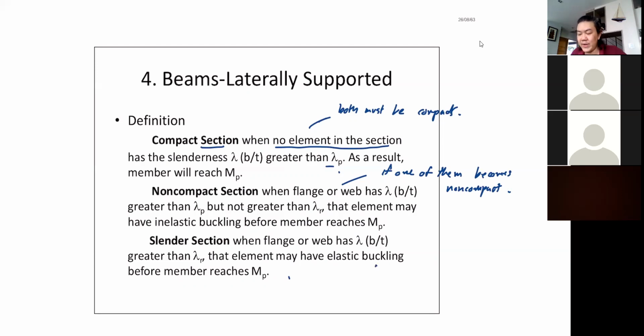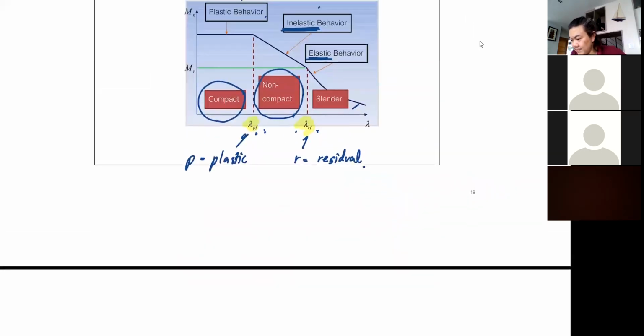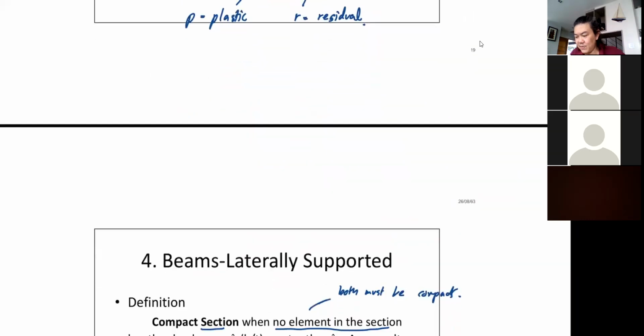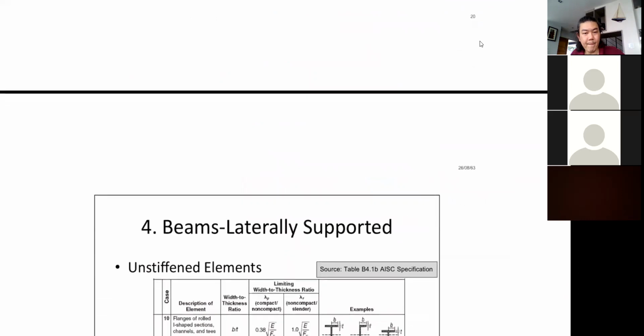Actually, it will not reach Mp, but I should say Mr, the residual moment, because we can see from here that if you have a slender section, you are down here and lower than Mr. Mr is the residual moment. It's the moment where you also deduct the residual stress out of your calculation. We'll see that in the future. Okay, so any questions?